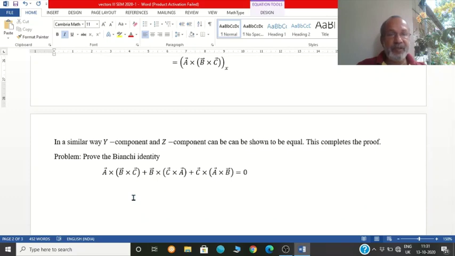These type of relations exist in physics in various places, and an equation of this type is usually called a Bianchi identity.